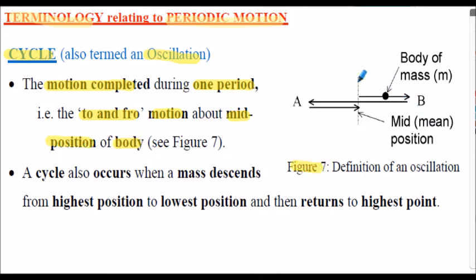Here's the mid position, and the body oscillates about this mid position. Considering our mass spring system, a cycle also occurs when a mass descends from its highest position to its lowest position and returns to the highest position.